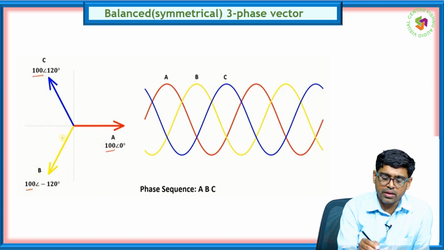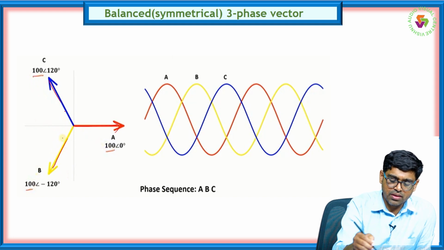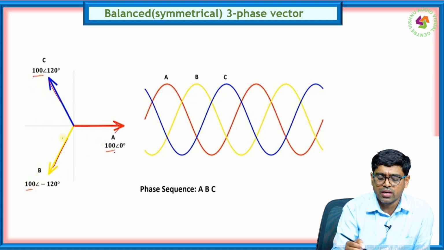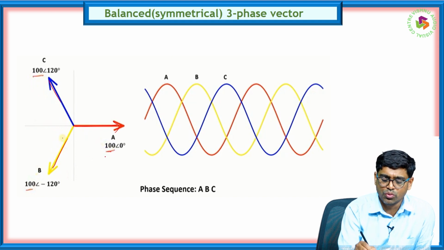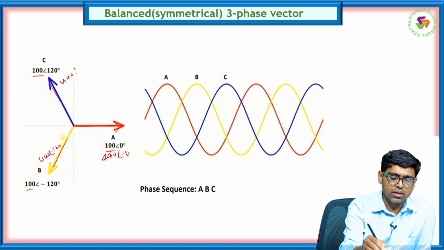We can see A phase, B phase and C phase, and we are assuming it is 230 volts or 440 volts at an angle 0, 440 at an angle minus 120, and 440 at an angle 120.